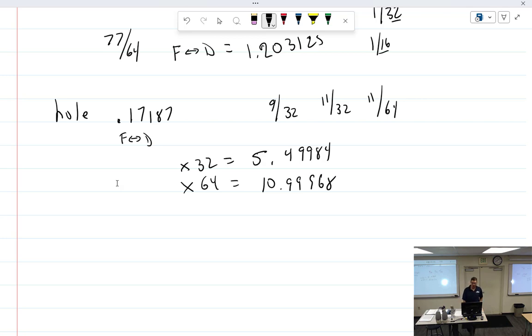So multiplied by 32, that's 5.5, which doesn't work for that one, so nope. But 10.99999 is pretty dang close to 11. So 11/64.